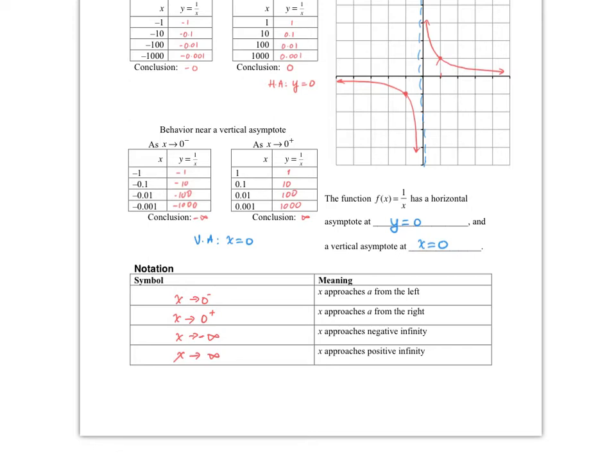You cannot take square roots of negative numbers, and you cannot divide by 0. So clearly here the domain for this graph is that x cannot be 0. And notice that the vertical asymptote is x equals 0.